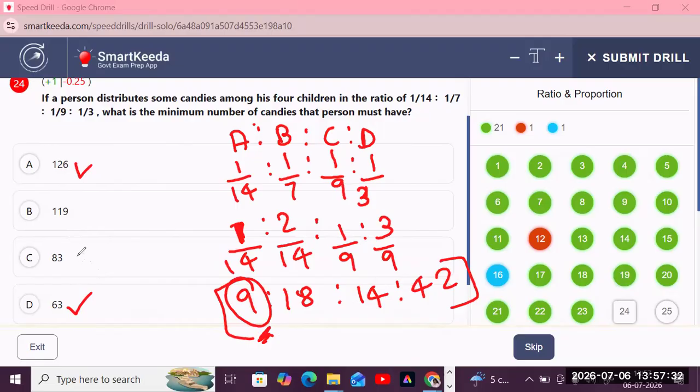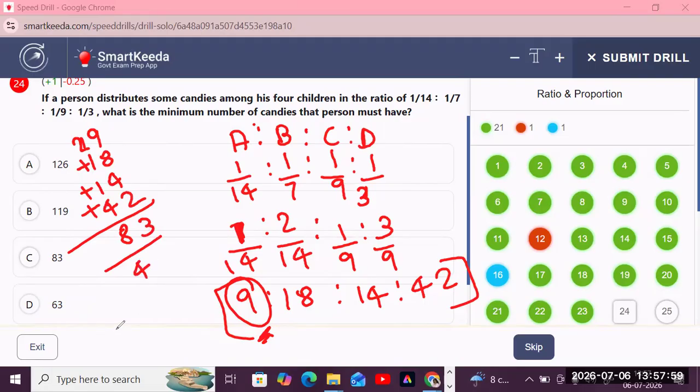Is the minimum number of candies which have an average. We can also take the average: 9 plus 18 plus 14 plus 42, that is 10, 10 plus 13 is 23, then 83 upon 4 is equal to 20.75. 20.75 is the average.